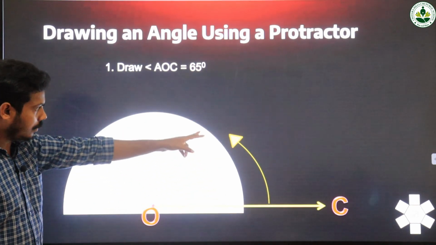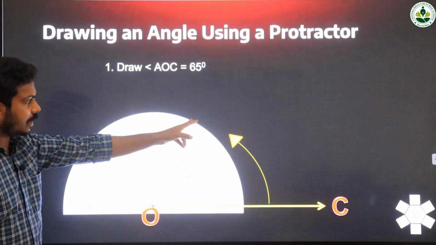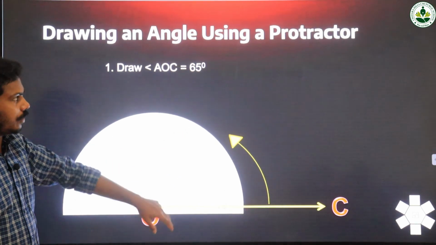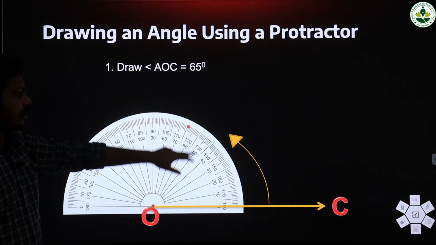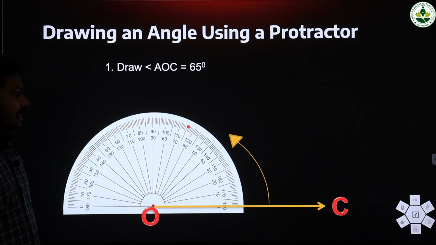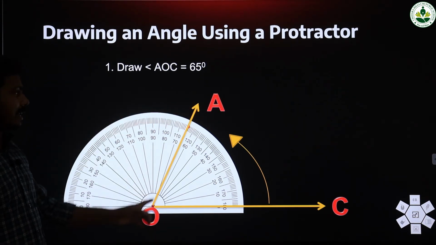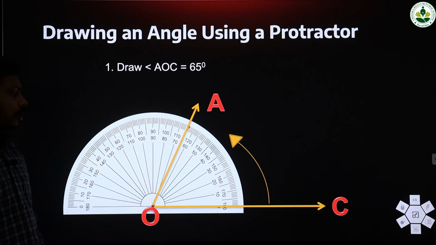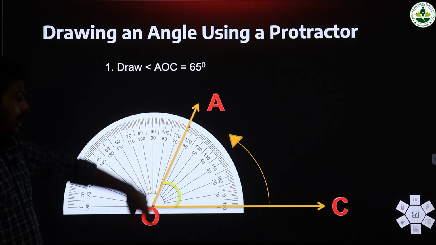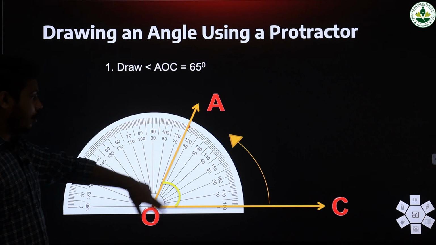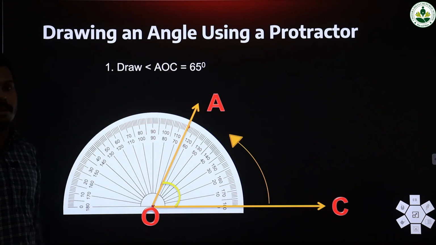Where is 65? Here is the 65. We place one point there. Then connect that to the second arm OA. Now we got the angle AOC or COA with 65 degrees.